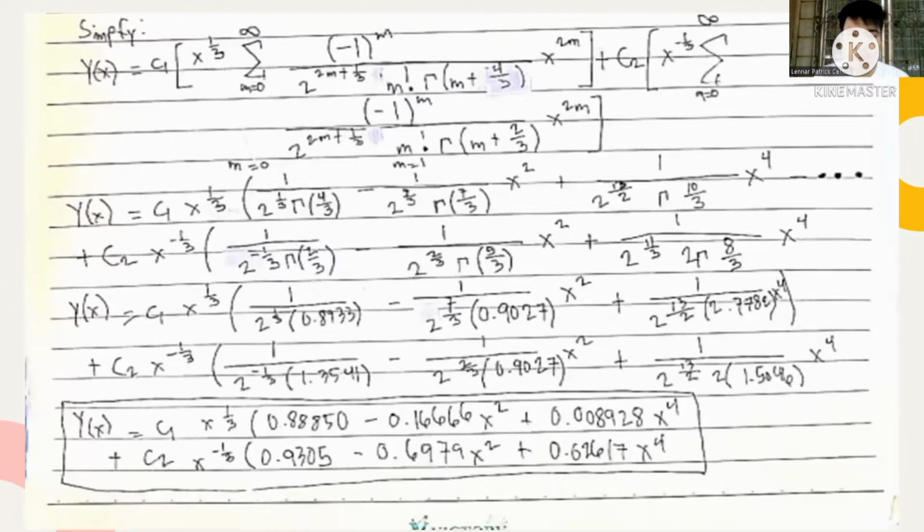Sinimplify, pinag-plus yung 1/3 saka yung 1. Ganun din yung ginawa sa baba. Yung negative 1 over 3, pinag-plus, plinasan ng 1, kaya naging 2 over 3. Next, gagawan naman natin siya nung m equals sa 0, 1, saka 2, and so on. Ipapalit natin doon sa m.